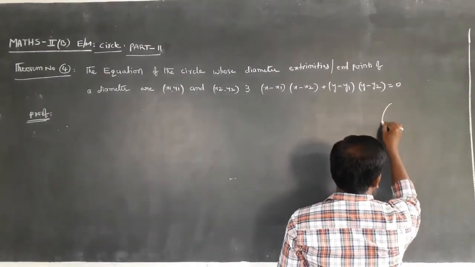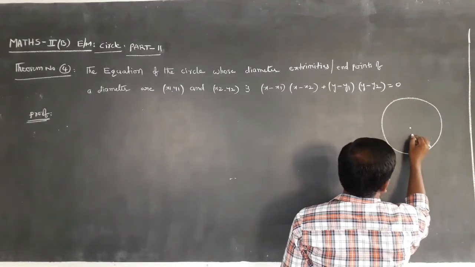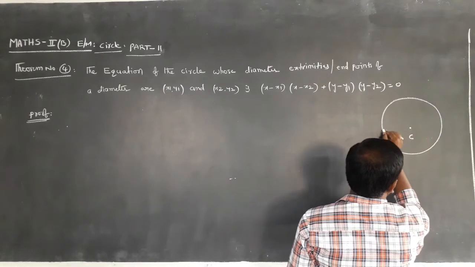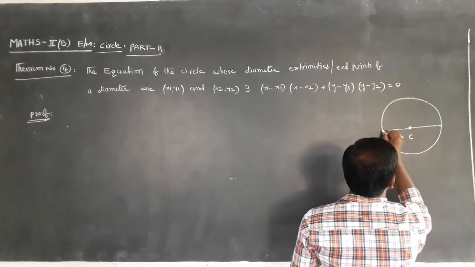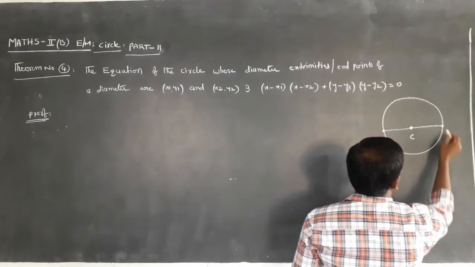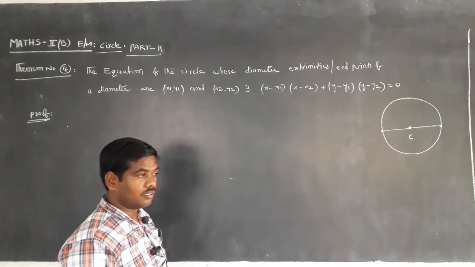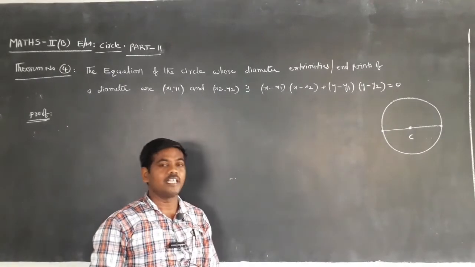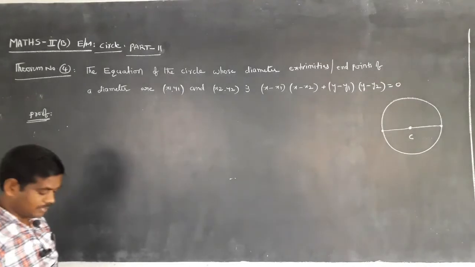This is the circle. This is the center of the circle. A line passing through the center of the circle is called the diameter, or twice the radius of the circle is called the diameter.